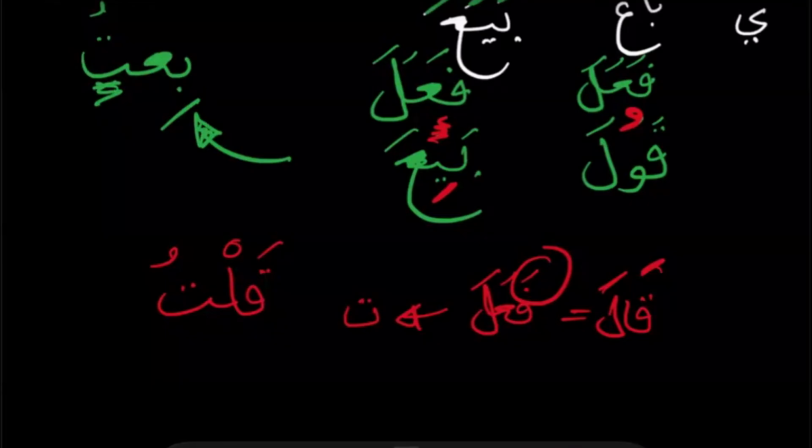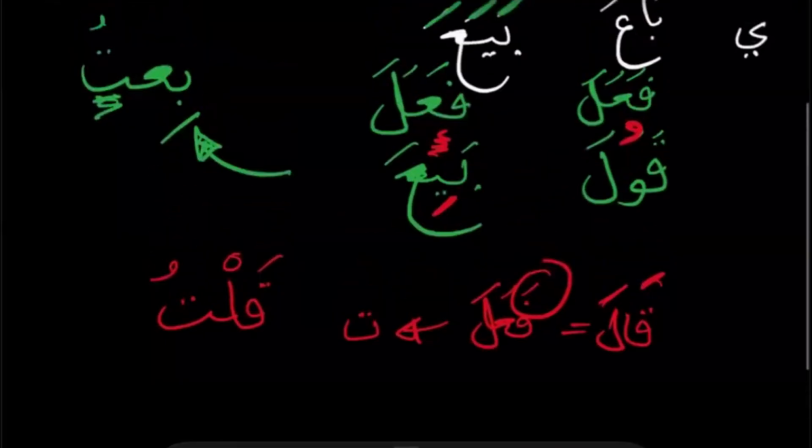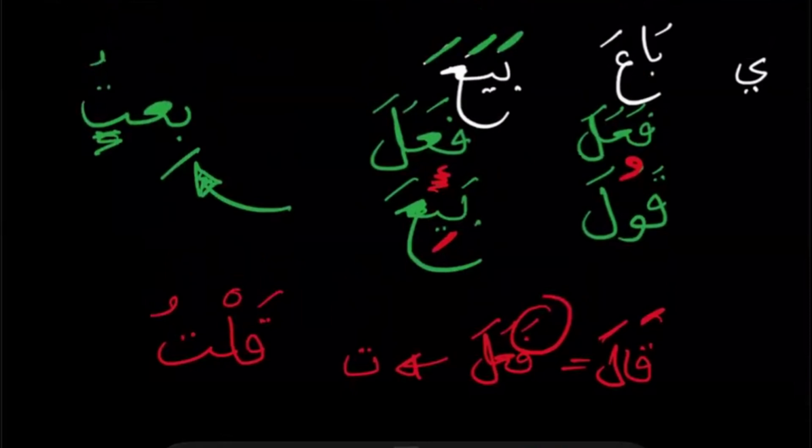qawalata qawula and baya'ata bayi'a, so that when we want to attach the pronoun, then here, this dhamma is going to slide over to the qaf, and this kasra is going to slide over to the ba. When that happens, it means when the dhamma slid over, that left the wow without a vowel.